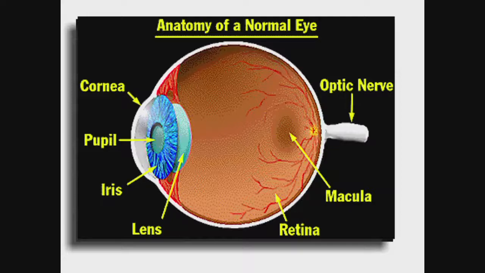At the back of the iris, we have the lens. Our lens changes shape when we are focusing on an object which is near or an object which is far. A concept in biology that we call accommodation.